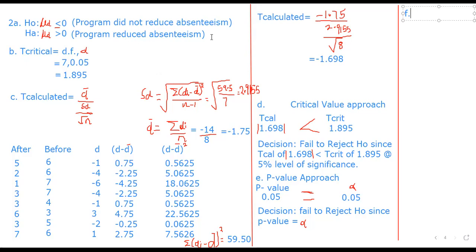So now there were absenteeism. You get it? So the conclusion would be: the program did not reduce absenteeism. There is not enough evidence that the program reduced absenteeism. Instead, absenteeism has increased or continued. You get it?